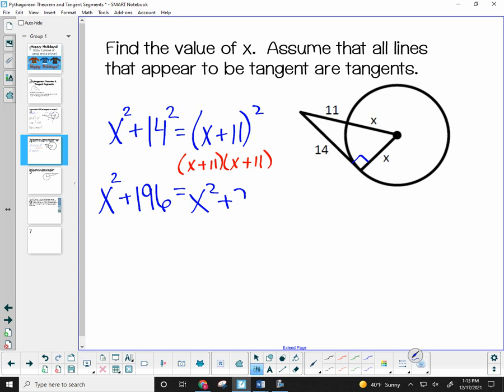That's 22x. Then 11 times 11 is 121. We may have gotten a little nervous because now we have an x squared and an x. But the nice thing is, I have one x squared on each side, so by the time I subtract, they just become 0. So really, I have 196 equals 22x plus 121.